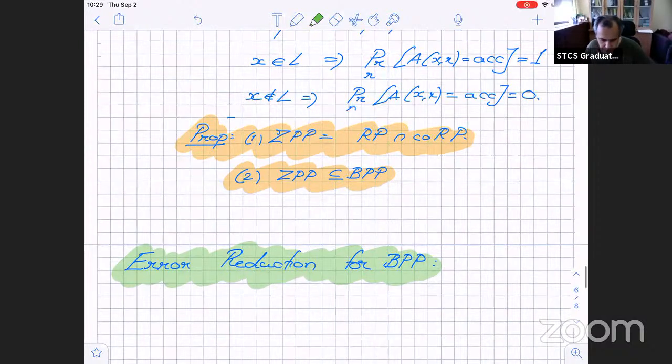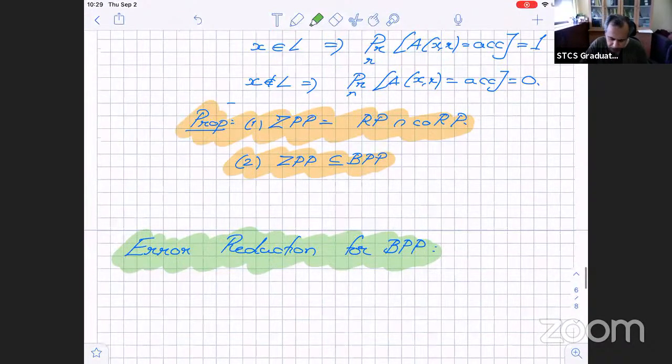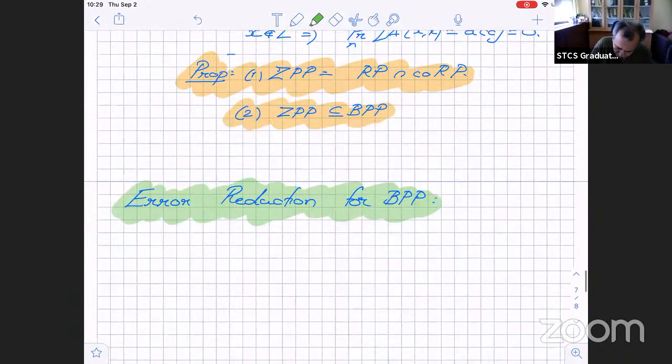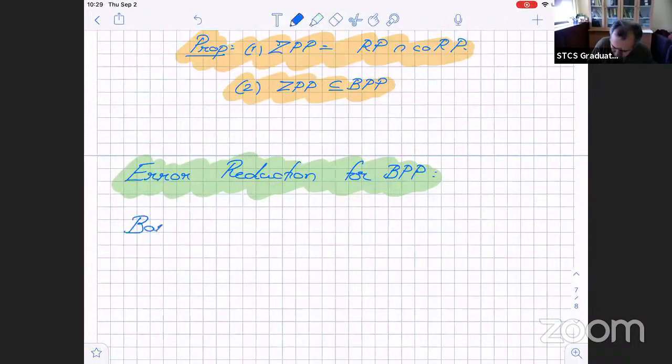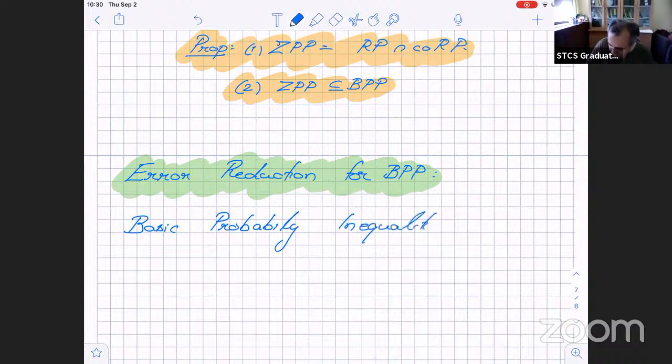Okay, so let me start off. We will need some basic probability inequalities for this: tail bounds. I won't prove them, but we'll take them off the shelf. Many of you would have seen these. The first is Markov's inequality.